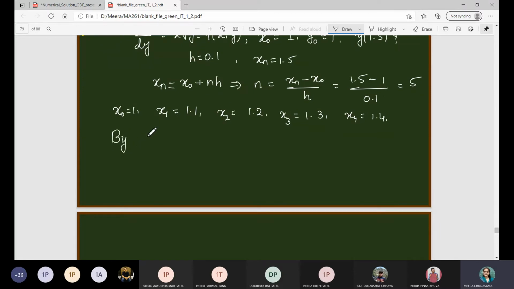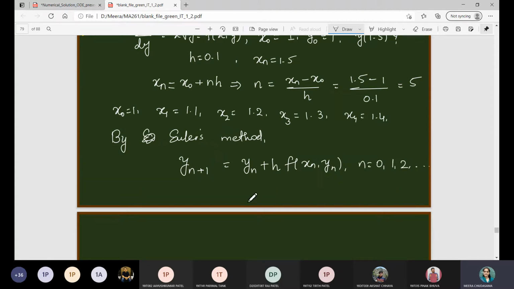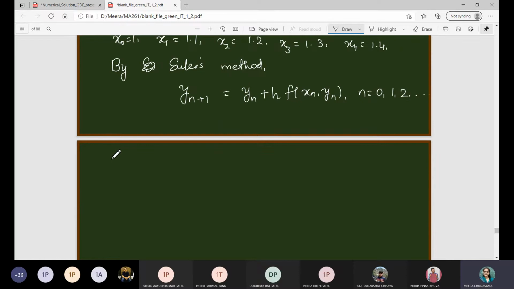By Euler's method, the formula is yn plus 1 is equal to yn plus h f at (xn, yn), where n is running from 0, 1, 2 and so on. So the first approximation we will consider is y1.